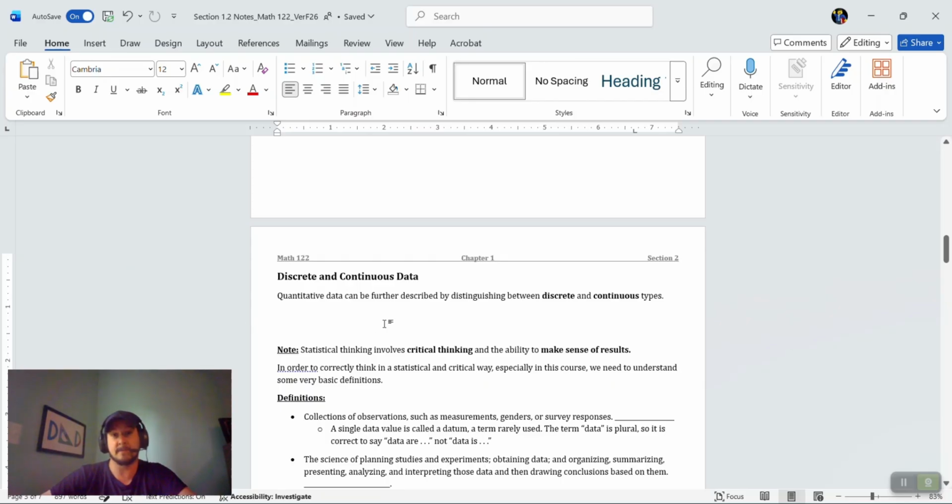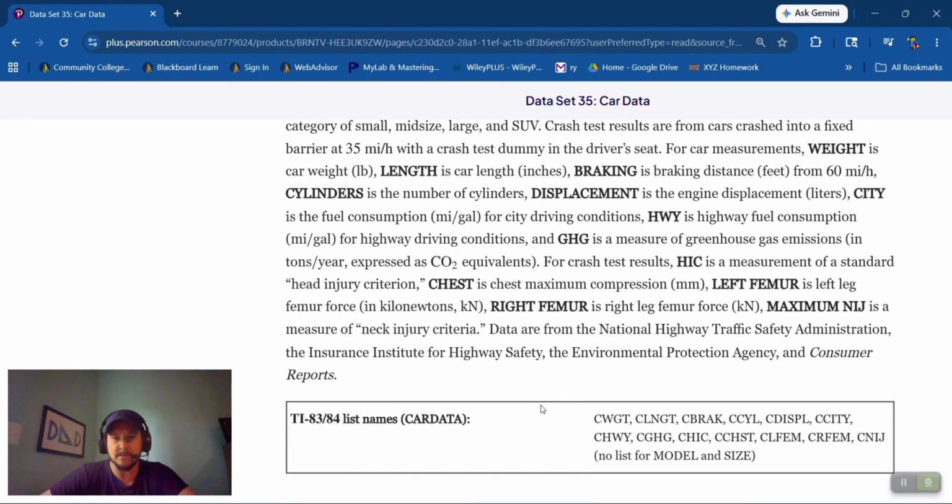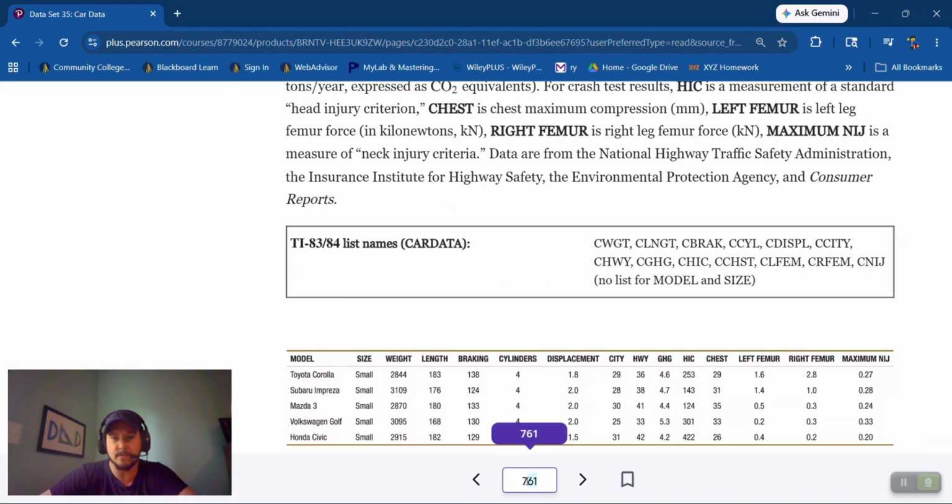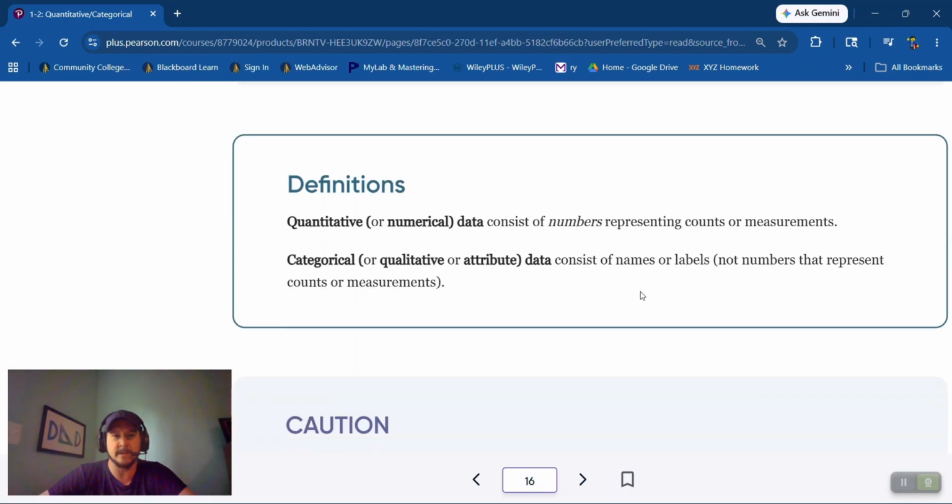And I figure if I'm not going to remember any of that, how are my students going to? So anyway, maybe just to save on some time, I'll just screenshot the definition from our textbook. This is on page 16, because these definitions are quite lengthy.